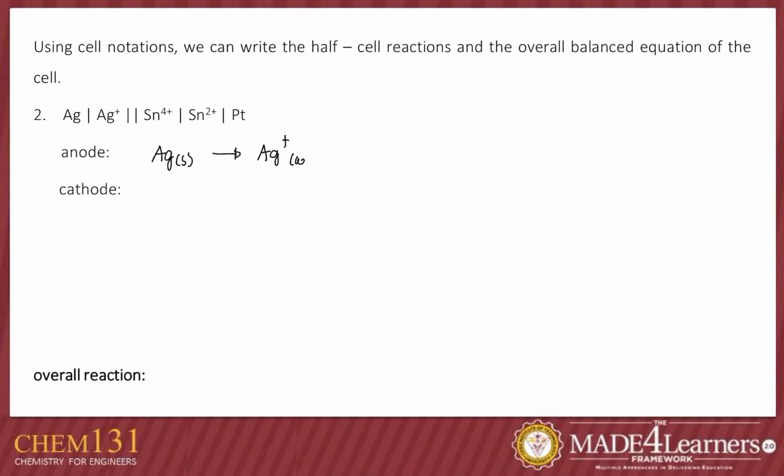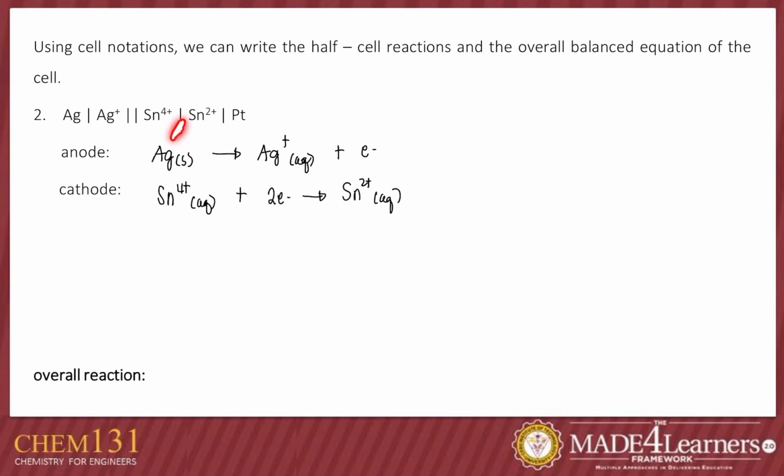So the charge is plus 1, so 1 electron. And then ang Sn nga 4+, stannic, that's Aq, it will accept 2 electrons to form Sn2+, stannous nga ion. So it just means that it's using a platinum nga inert nga electrode because unsa man ni siya, so actually this shouldn't be a vertical line, but it should be a comma here.